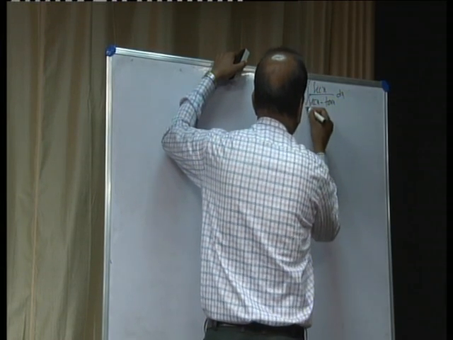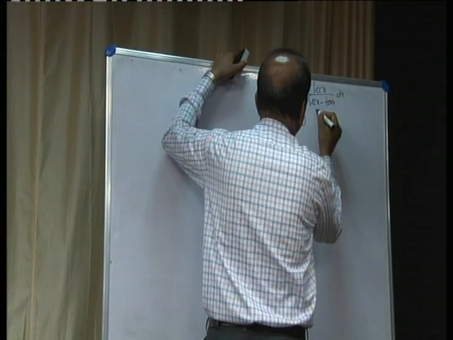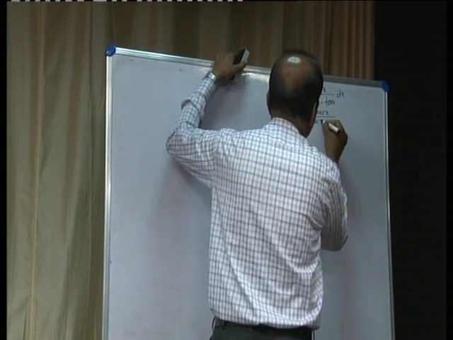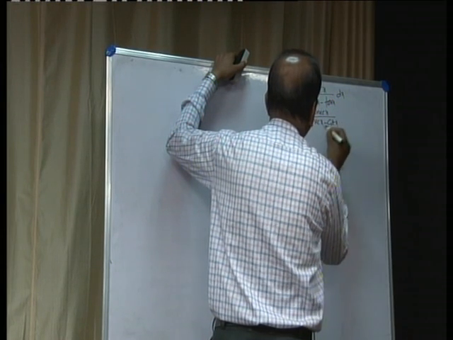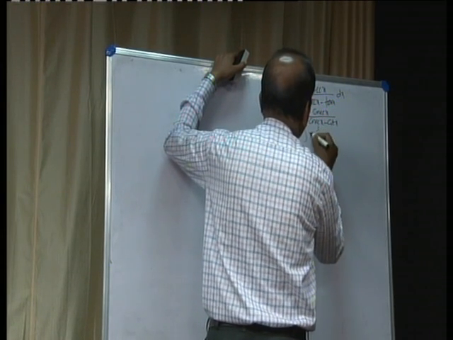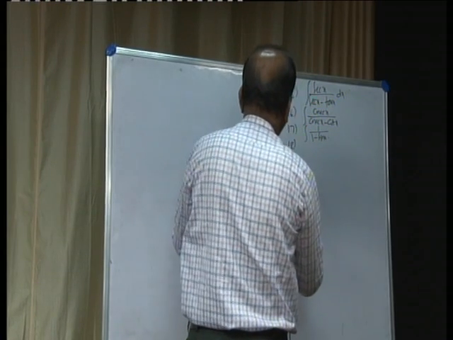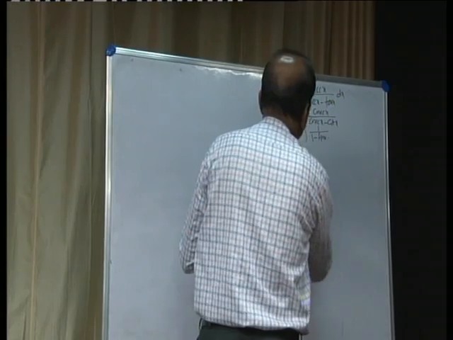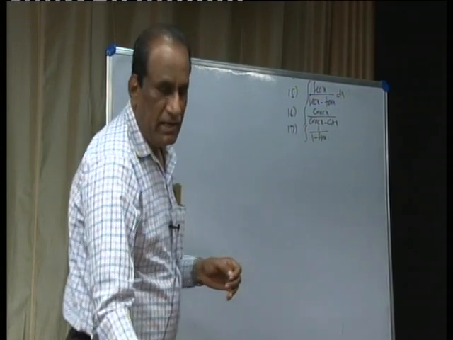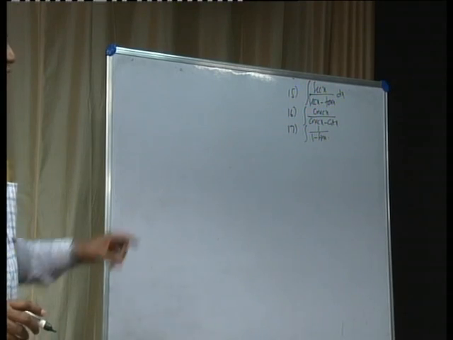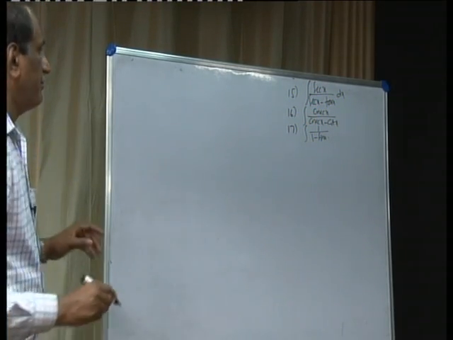One more problem of this type, cosecant x by (cosecant x minus cot x). One more problem of the type 1 minus sin x. So consider these three problems under the rationalization process. How to integrate problems of this type.